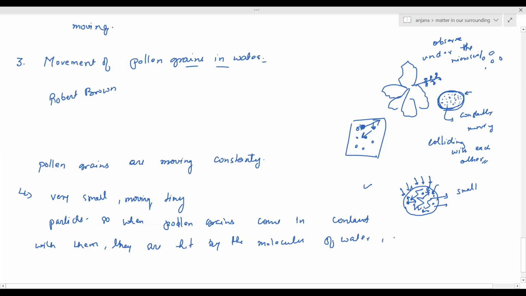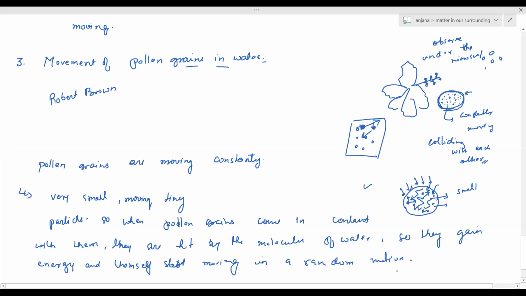So they gain energy and themselves start moving in a random motion.